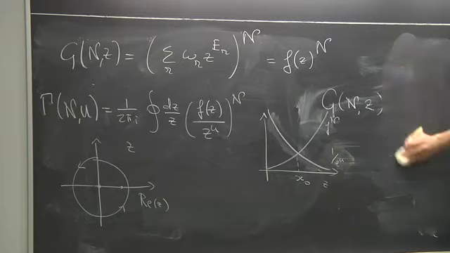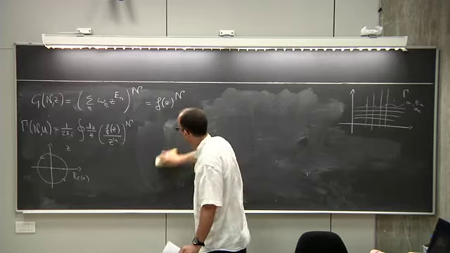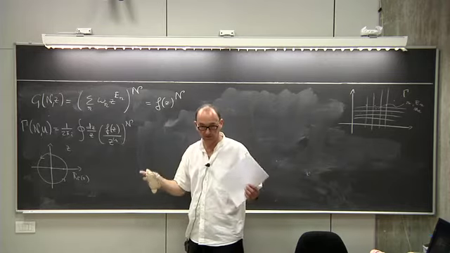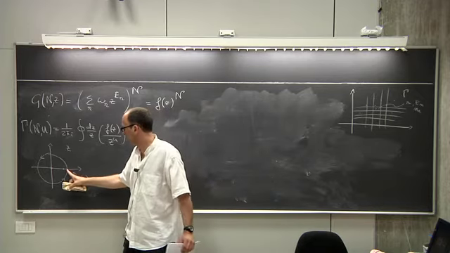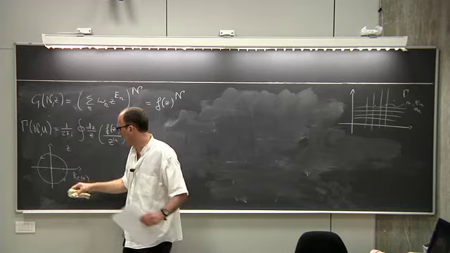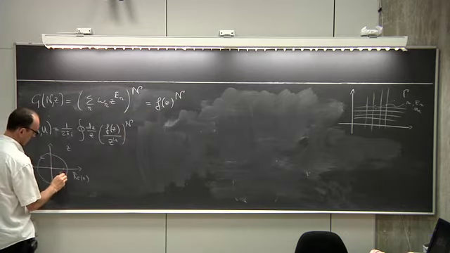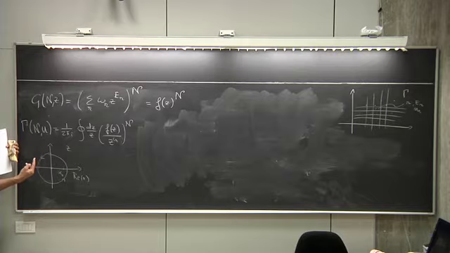What I want to convince you is that this point is actually a saddle, in the sense that if you now consider going through this point x0 on the imaginary axis, this point will be a maximum.